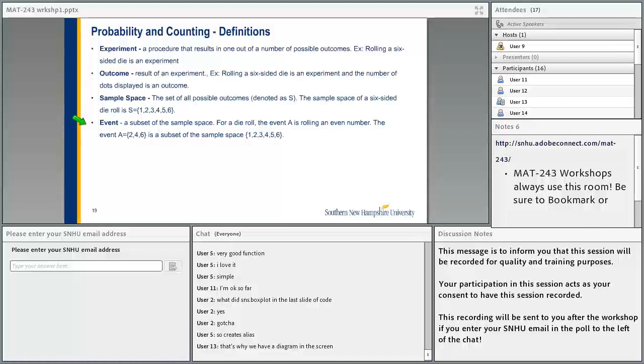Event, it's a subset of the sample space. For a die roll, the event A is rolling an even number. The event A is equal to 2, 4, or 6. It's a subset of the sample space 1, 2, 3, 4, 5, 6.